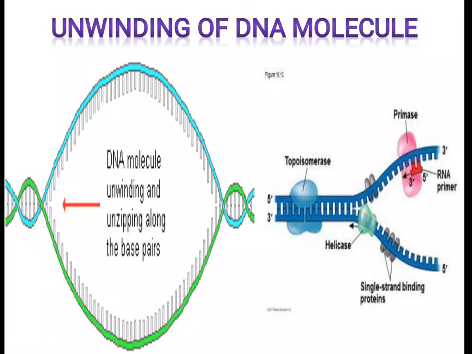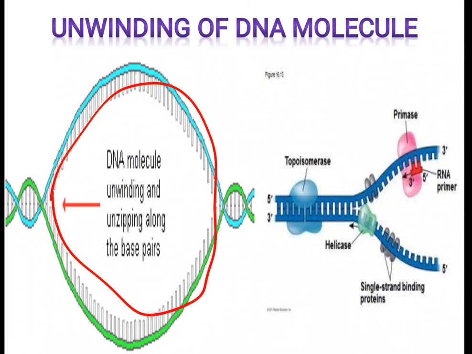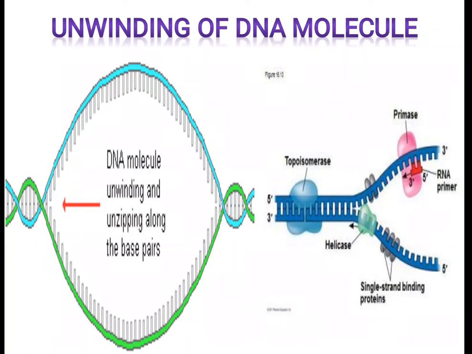And once again, topoisomerase in the prokaryotes, also called DNA gyrase, releases the tension that arises due to supercoiling. As you can see, when the unwinding takes place at one point, for example here, there will be supercoiling, and this supercoiling causes tension on the rest of the DNA, which is released by the topoisomerases.